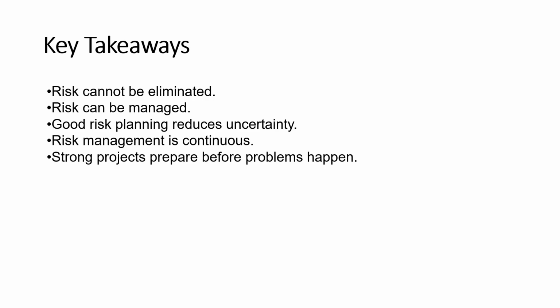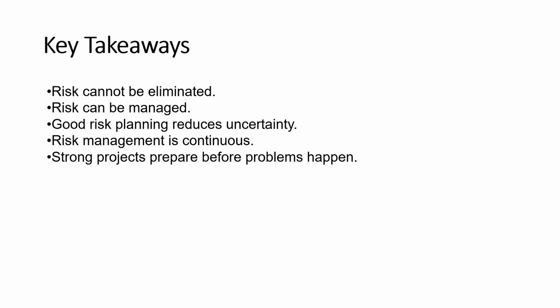Before we close, let us summarize the key takeaways from this topic. First, risk cannot be eliminated. In project management, uncertainty will always exist. No matter how well a project is planned, there will always be a potential risk. Second, risk can be managed.